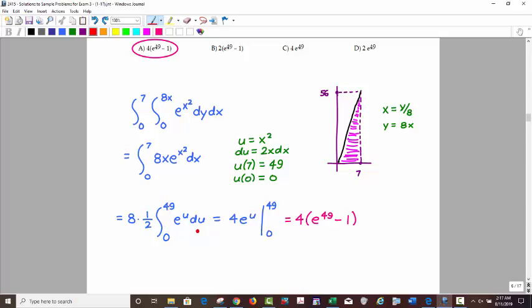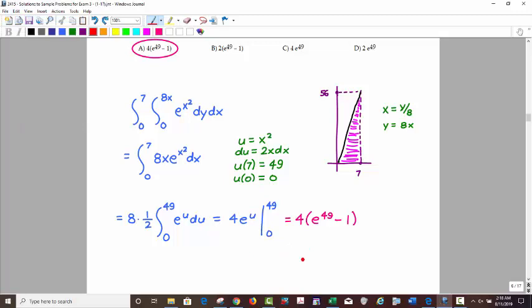And that's such a wonderful antiderivative because you can't really mess it up. You don't have to add 1 or anything like that. The antiderivative of e to the u du is just e to the u. Now I don't have to go back to x because I changed my limits of integration. So I just put in 49, and I put in 0. A lot of times you've got to be careful, which we've had in these other problems a lot.